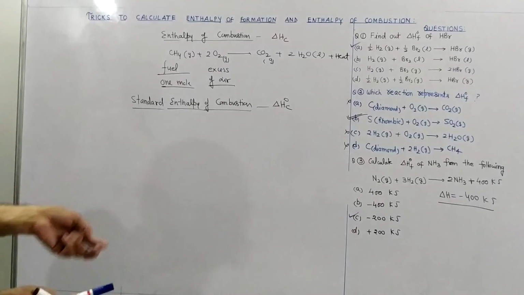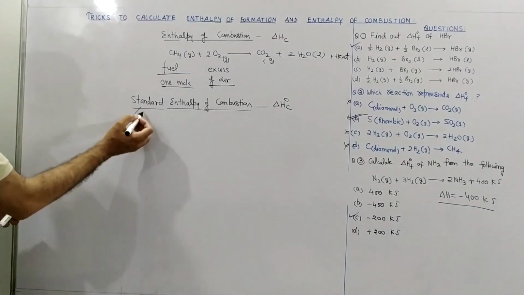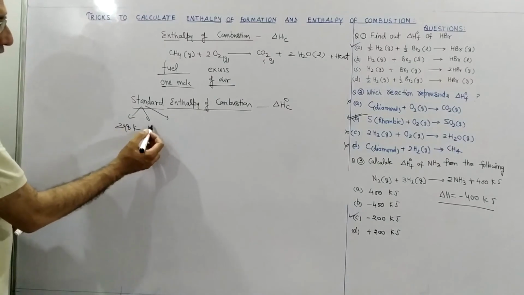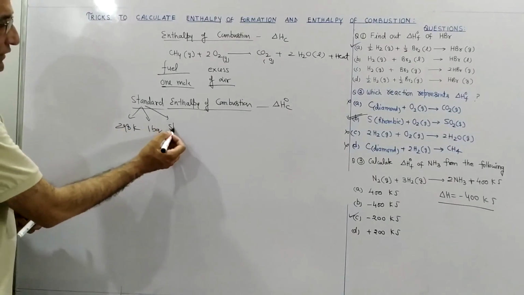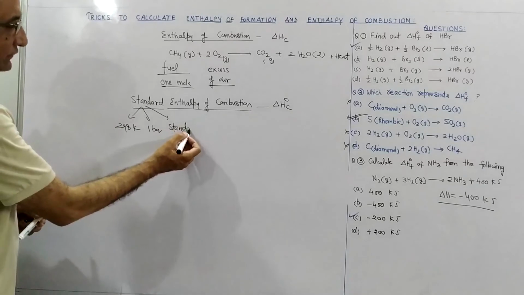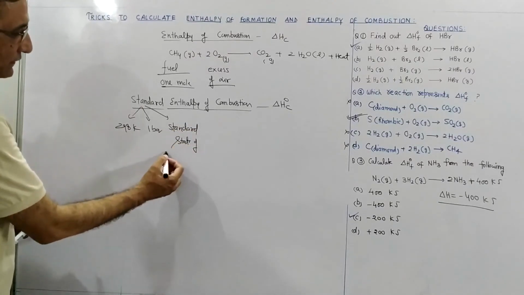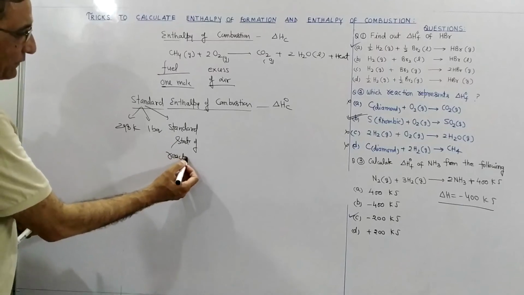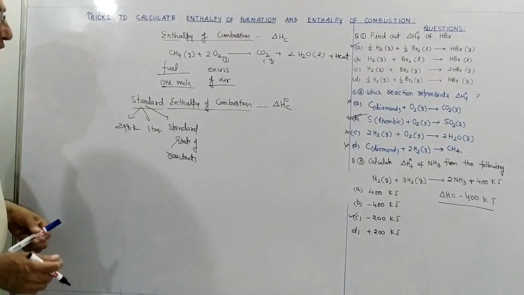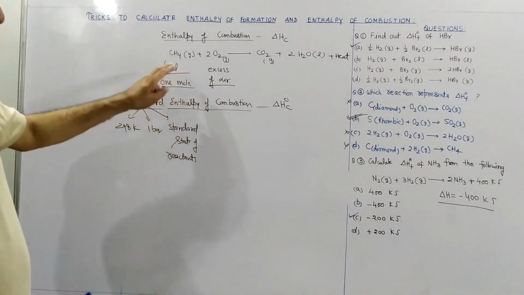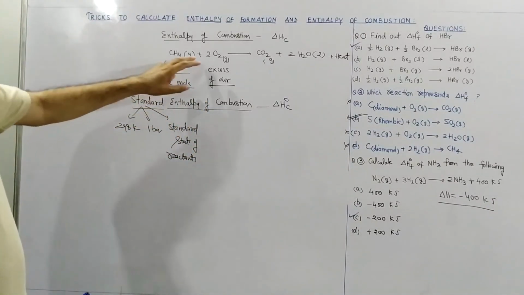As we discussed for standard state, 3 things you have to memorize: 298 Kelvin temperature, 1 bar pressure, and standard state of reactants. I gave you some examples also for this. Now, standard enthalpy of combustion is the enthalpy change when 1 mole of fuel undergoes combustion in excess of air in standard state.